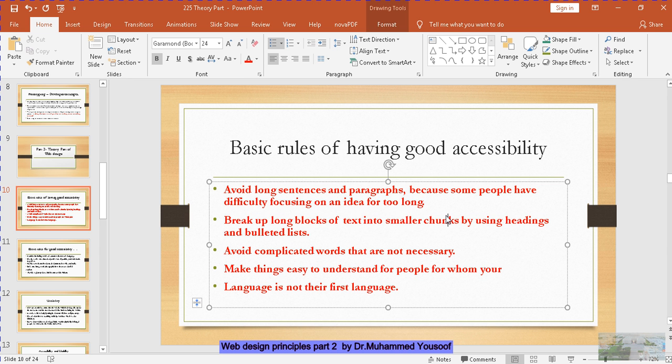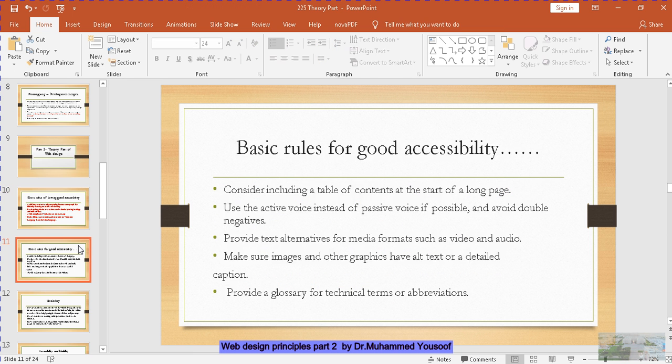They are not language teachers or language experts. Remember this: it is not a place to show your ability of language. It is for the convenience and the comfort of the end user. So please do not use complex language when you design a website. Also, there are many more rules that you have to follow.